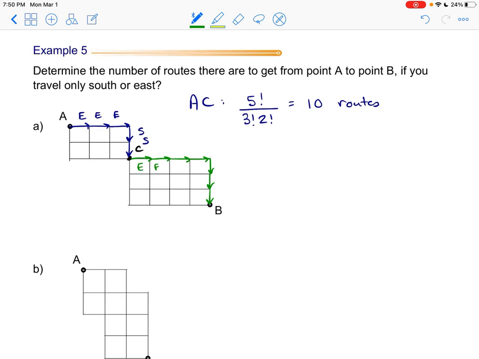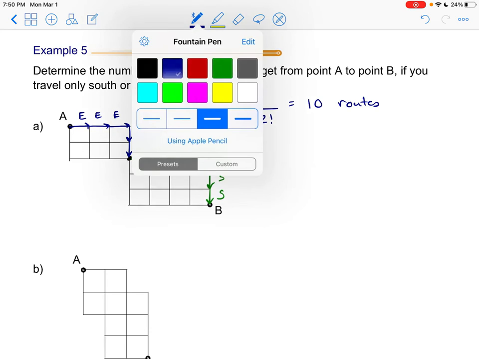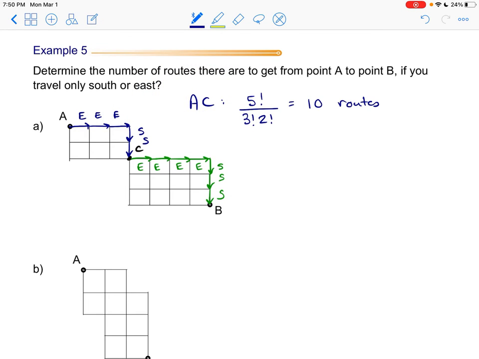So that's east, east, east, east, south, south, south, which gives us, so that's 1, 2, 3, 4, 5, 6, 7 moves. So from C to B is 7 moves. 4 of them are easts, 3 of them are souths, and that gives us 35 routes.